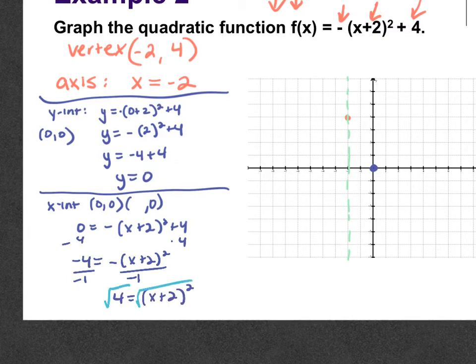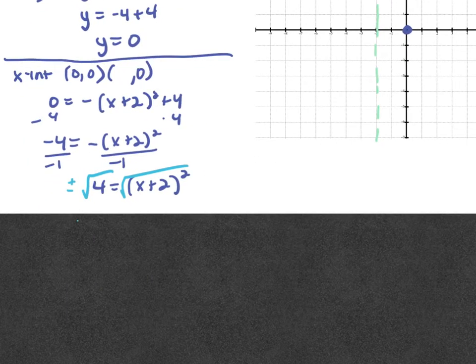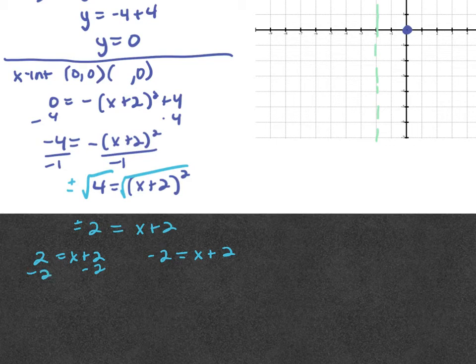Square root both sides, putting a plus and minus in front of that 4. I get plus and minus 2 equals x plus 2, which means 2 equals x plus 2, and -2 equals x plus 2. Subtract the 2, and there's my 0, which I knew was coming. Subtract the 2, and I have another intercept at -4.